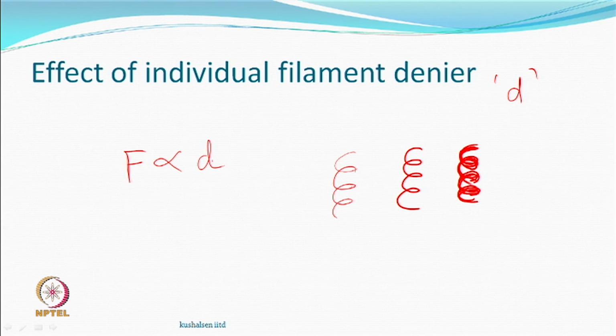I am just trying to draw maybe a thicker helical thing. You want to stretch this versus this versus this, which will be easier to stretch or which will offer more resistance? The one with the thicker one, right.